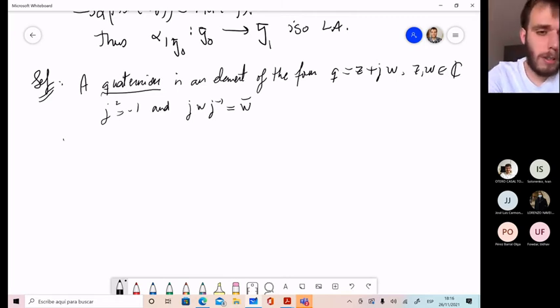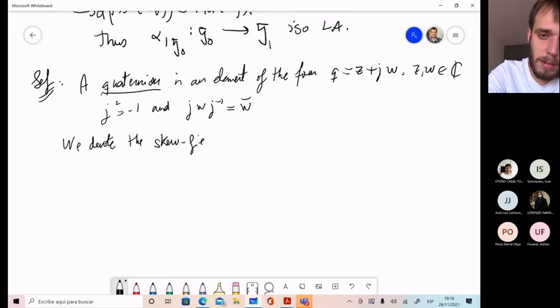And we denote the skew field of quaternions by H.